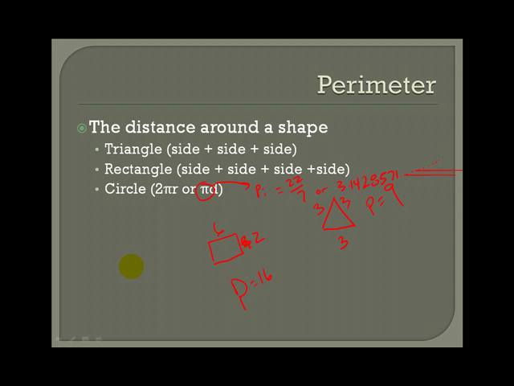So if we have a circle and the diameter is 12, then 12 times pi is, according to my calculator, the perimeter here, 37.714285. That brings up the question for some of you: at what point should you stop doing the decimal?